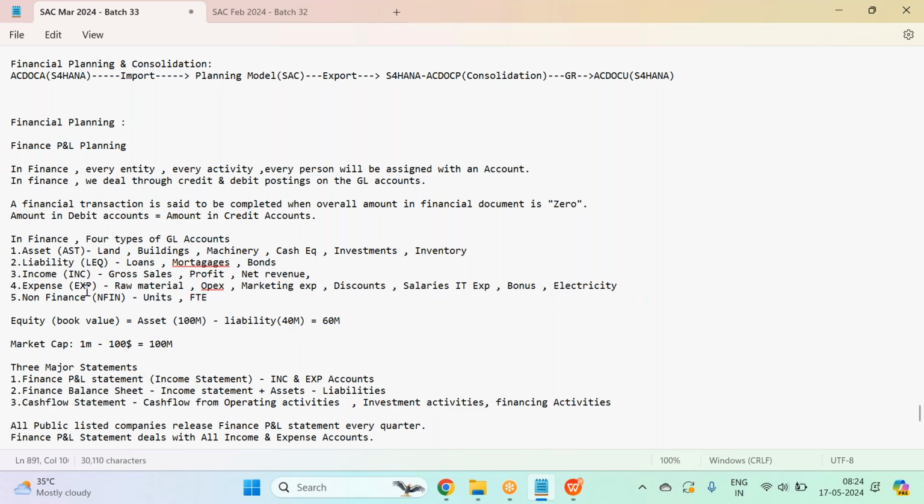So these are the income and expenses of a company, dealing with its day-to-day operations. Then you have non-finance accounts like the number of employees and units sold. They're non-finance, not income or expense.